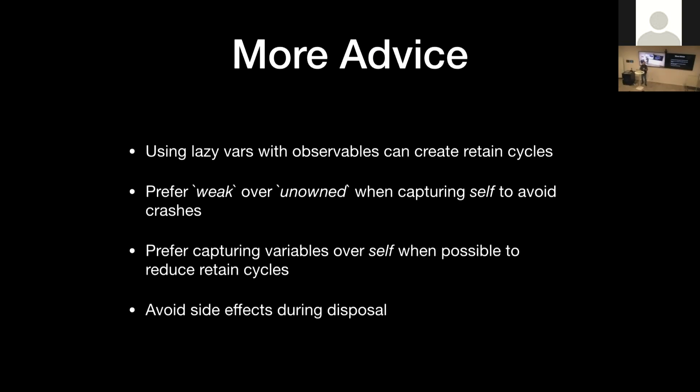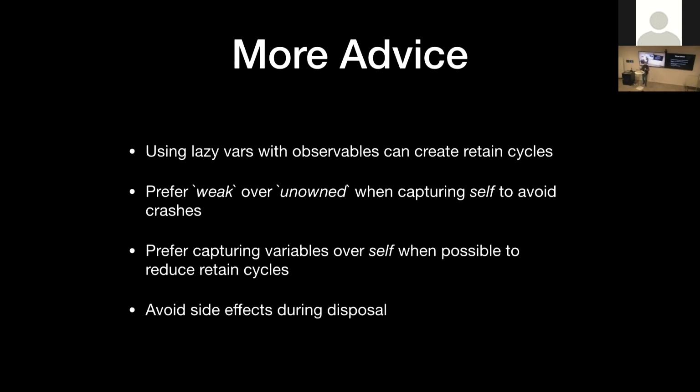Some more advice. Using lazy vars and returning observables in the lazy var is dangerous. You can create retain cycles, so be careful with those. You want to prefer to use weak over unowned. There are some really strange issues that we've encountered when using unowned because of the way schedulers work. The object that owns the subscription can go away, and then the event can still be fired depending on what you do.